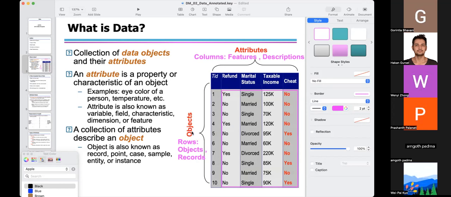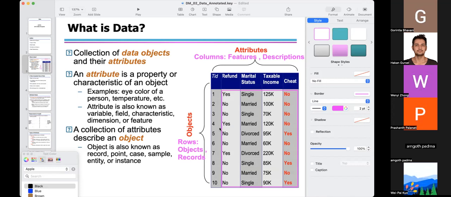We call them objects because they could be customers, or they could be medical records. So this could be patients in a hospital, or this could be students in an educational data, or they don't need to be humans. These could be transactions in a transactional database, like when we go to a grocery store and we purchase a bunch of items, let's say bread, milk, fruits, then that goes recorded into the rows.